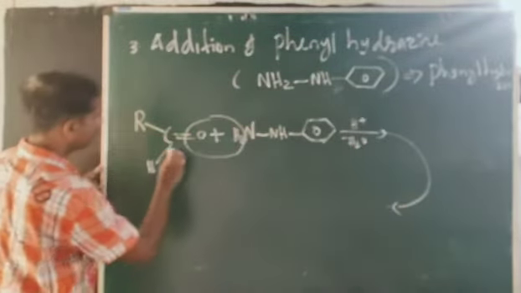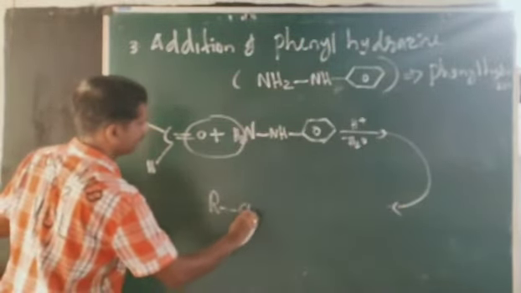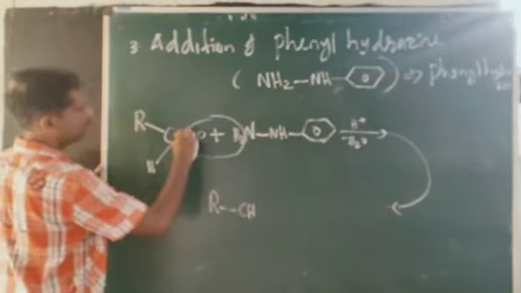R-CH=N-NH with the ring. What is this one? Aldehyde phenyl hydrazone. If you take an aldehyde, you get aldehyde phenyl hydrazone. Similarly, if you take a ketone, you get ketone phenyl hydrazone. That is the third one, addition of phenyl hydrazine.